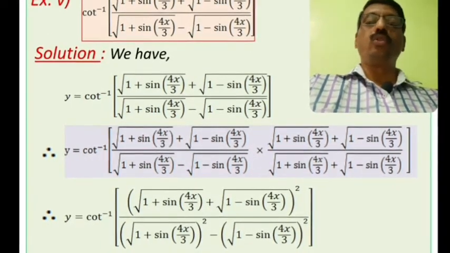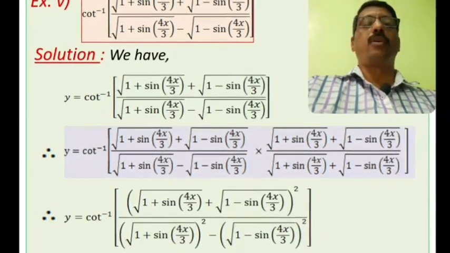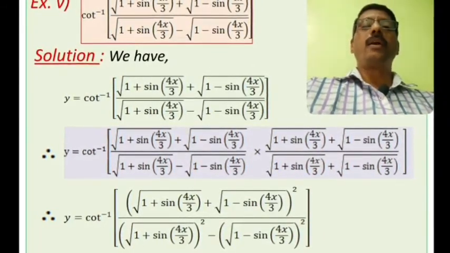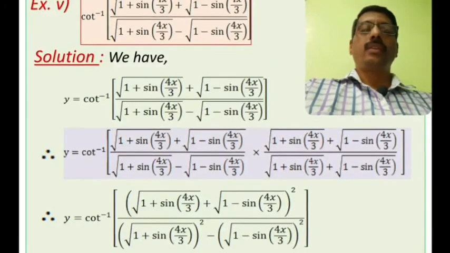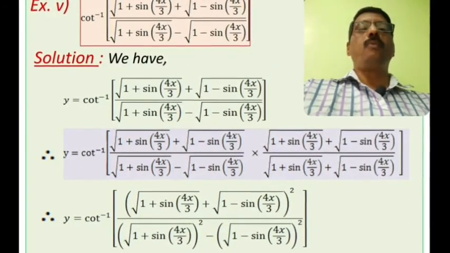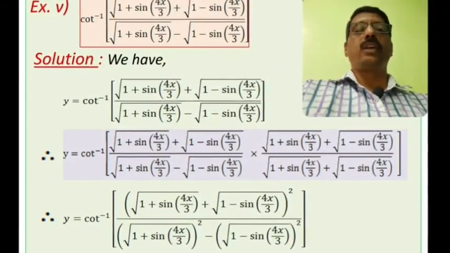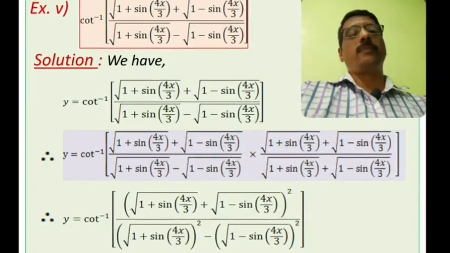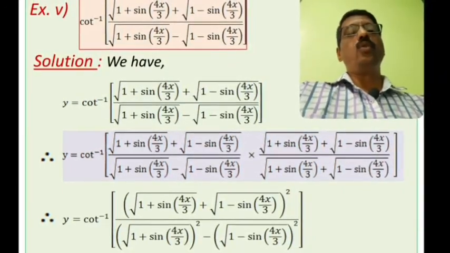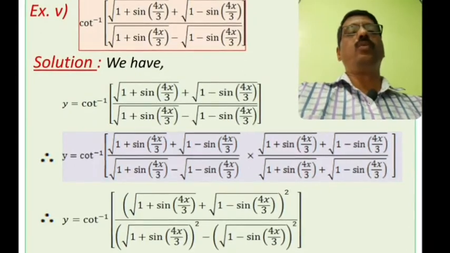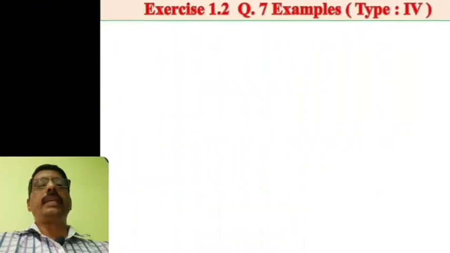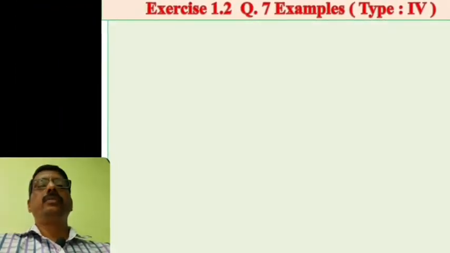A is root of 1 plus sine of 4x upon 3 bracket square, minus b square, that is bracket root of 1 minus sine of 4x upon 3 bracket square. That means only taking the product of the given two brackets.